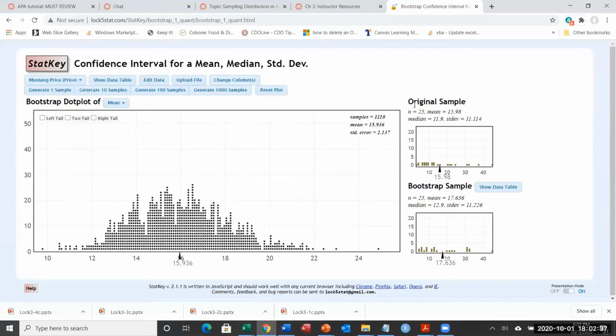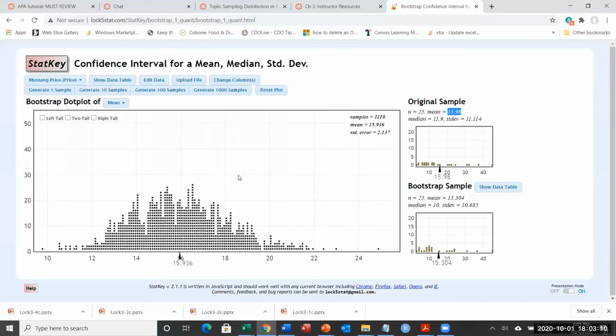Now, this original sample, we have considered a good representative of the population. So we are considering its mean as representative of the population mean. For this bootstrap distribution, the mean of all means will get closer and closer to the original sample mean, which we assume is the population mean.